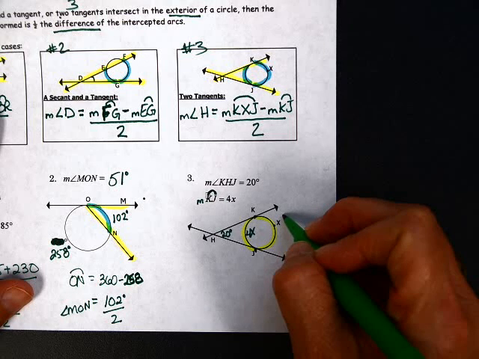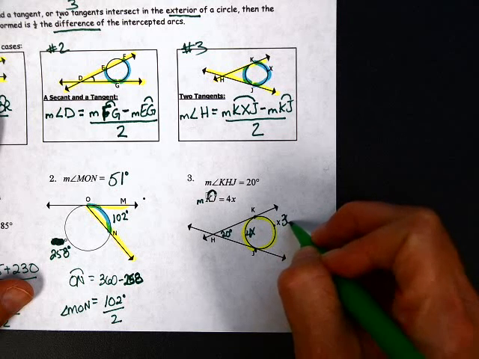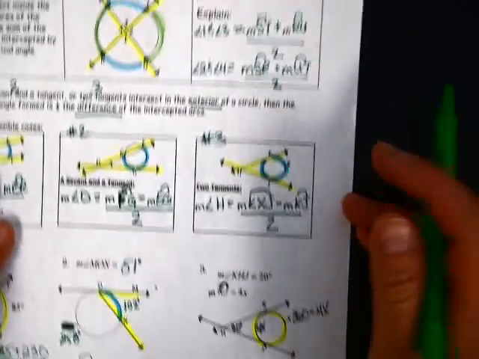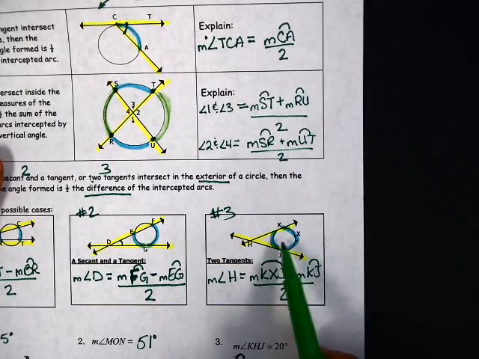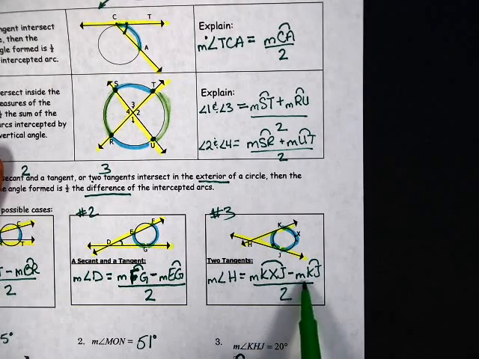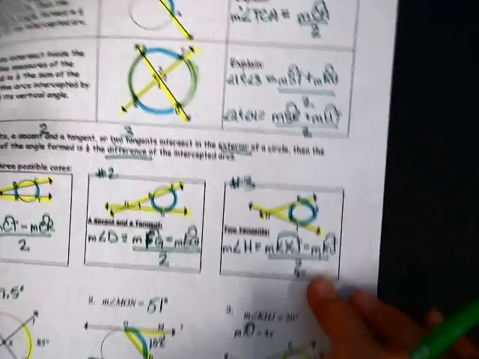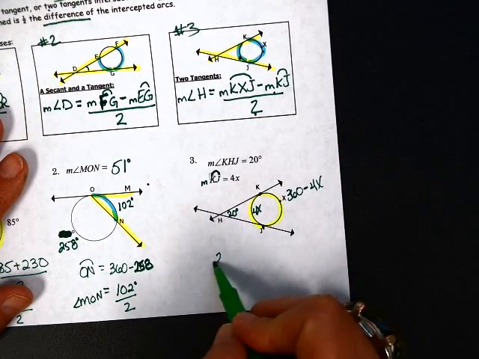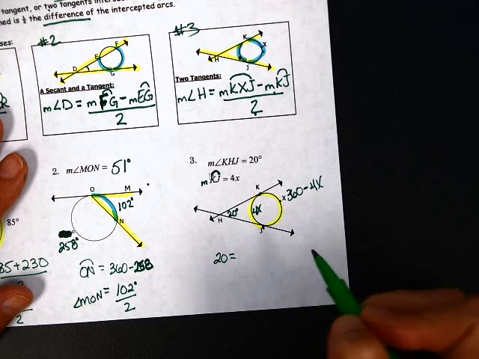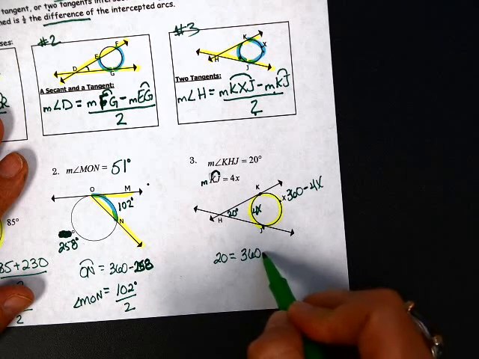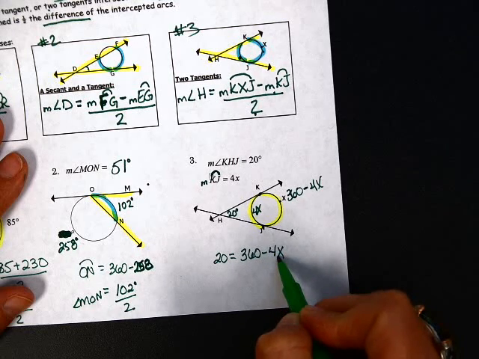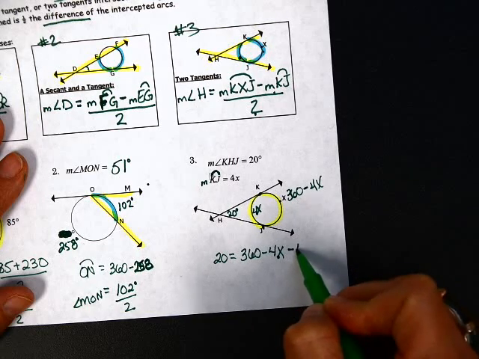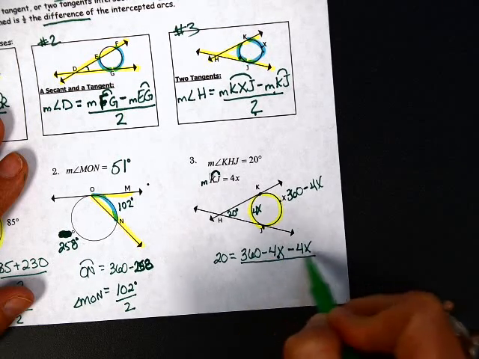So arc KXJ is equal to 360 minus 4x. Now, the rule states to subtract the two arcs and divide by 2 and set it equal to the angle. Since I know my angle is 20, my bigger arc is 360 minus 4x. My smaller arc is 4x, so I'm going to subtract it from my bigger arc and then divide it by 2.